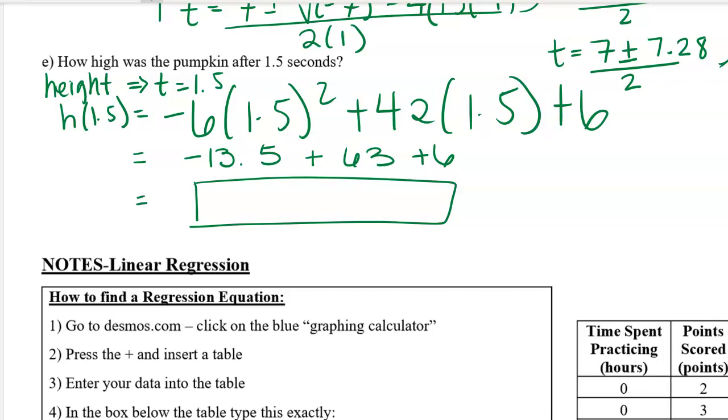Okay, box it up. Don't forget to write the correct unit of measurement. If you have an answer, verify it. What did you get? 55.5 meters. You all agree? All right, perfect.